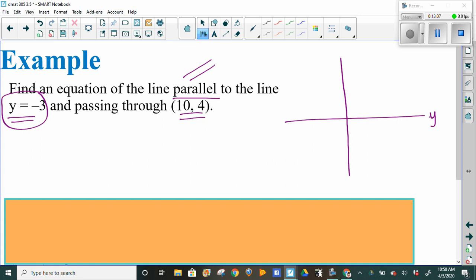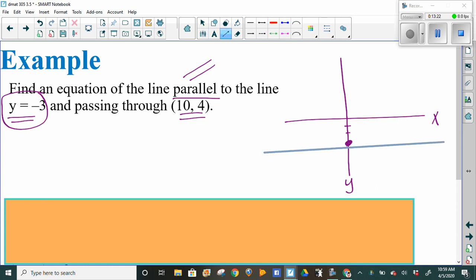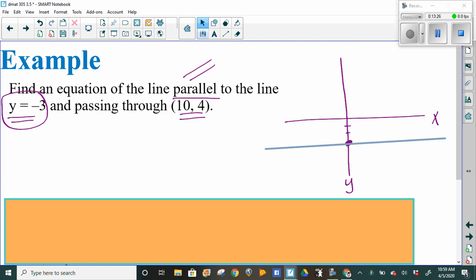So go to the y-axis and find -3: 1, 2, 3. So we have an equation that is going to go through this because it says y equals. Since it says y equals, it means it's going to be a horizontal line. So this is y equals -3.